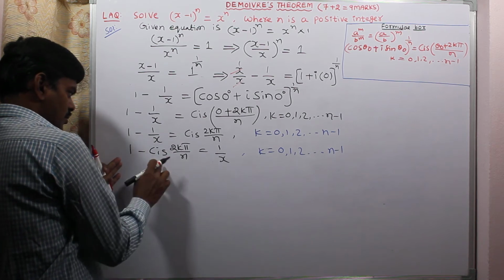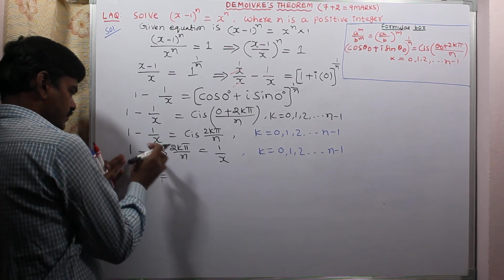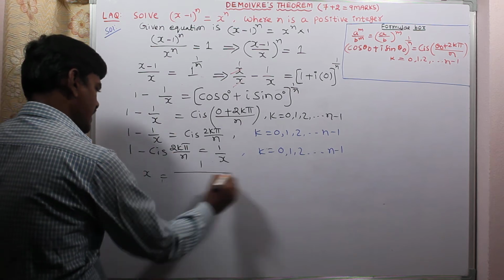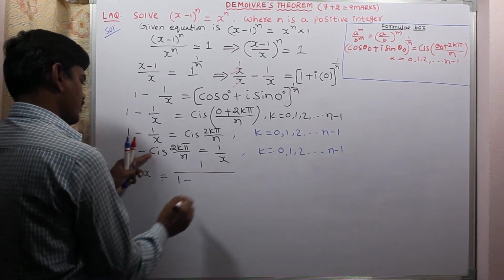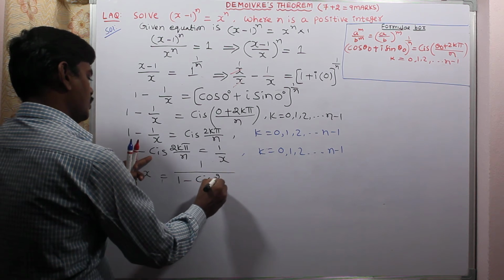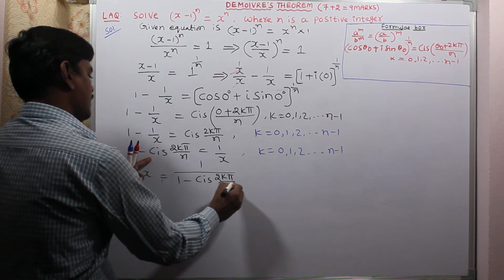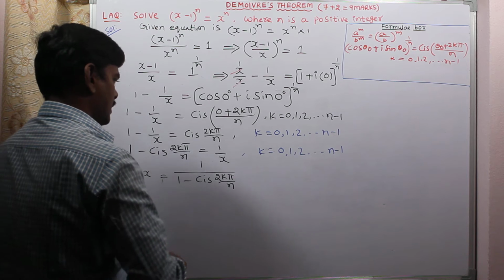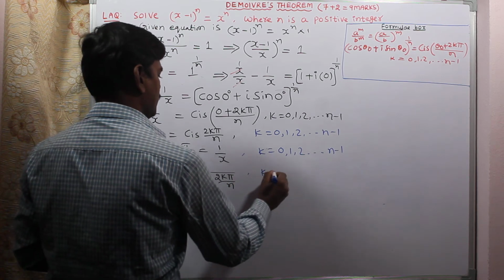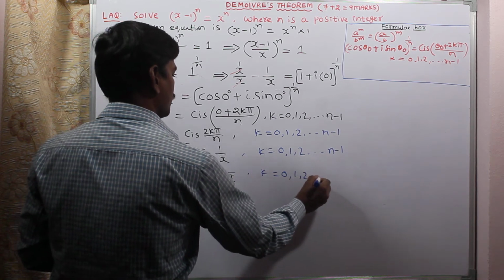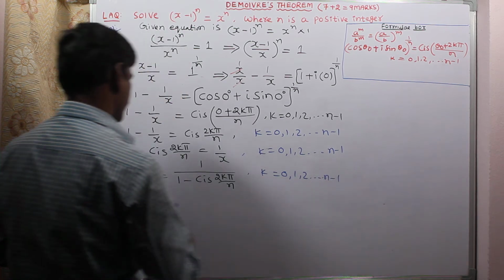This term has no denominator, means it can be assumed as 1, right? So x becomes 1 by 1 minus cis 2k pi by n. And the range of k is 0, 1, 2, and so on up to n minus 1.